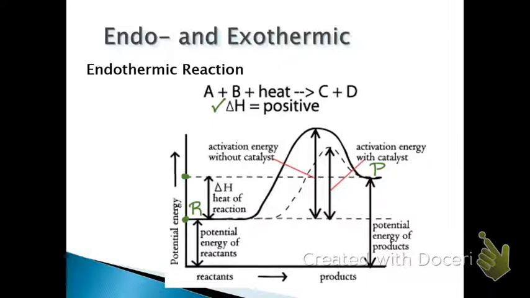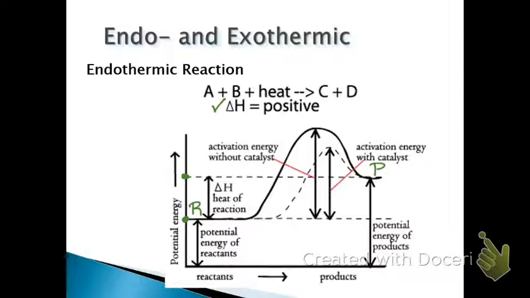And I want you to notice that in this particular graph, the products have a greater potential energy than the reactants. And guys, if that is the case, then you're dealing with an endothermic reaction. Let's review what that term even means. Endothermic, heat is required.